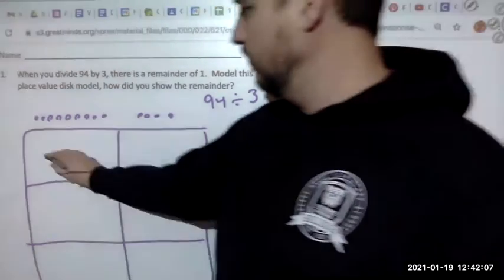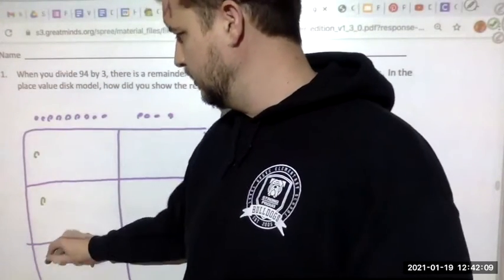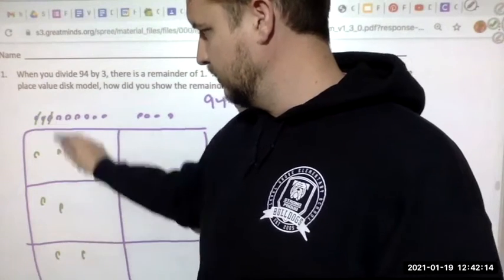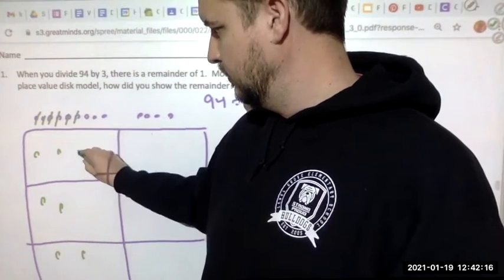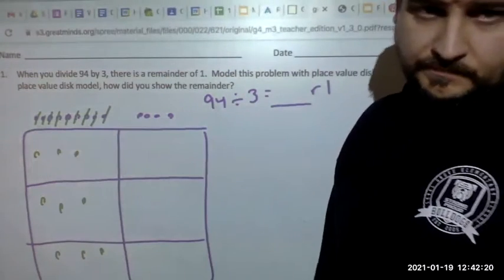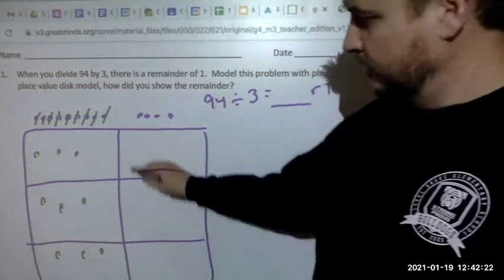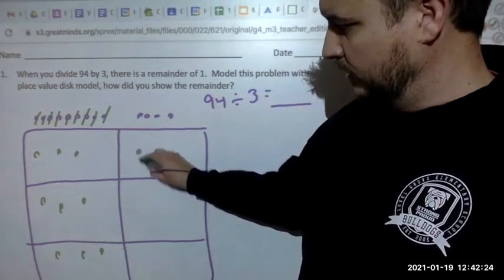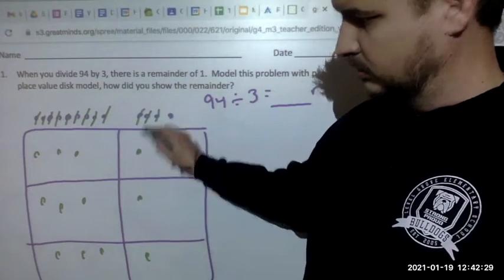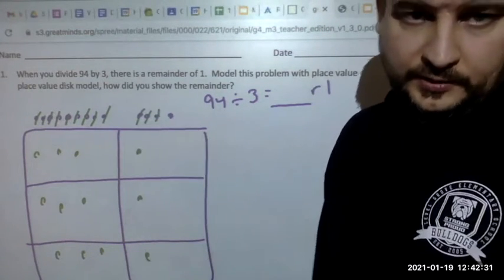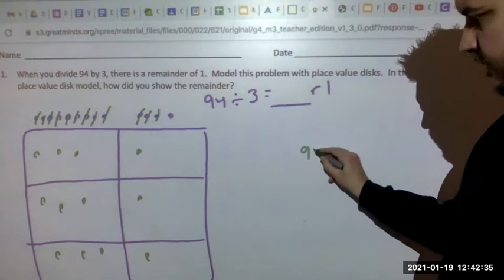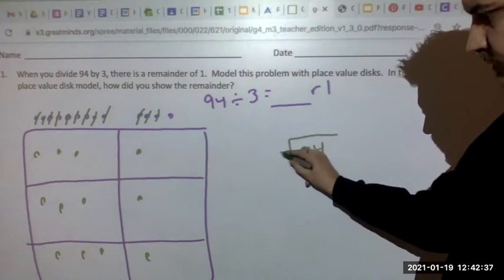Share 1, 2, 3, 4, 5, 6, 7, 8, 9. Didn't have to regroup. Your 4 ones. 1, 2, 3. With 1 left over.